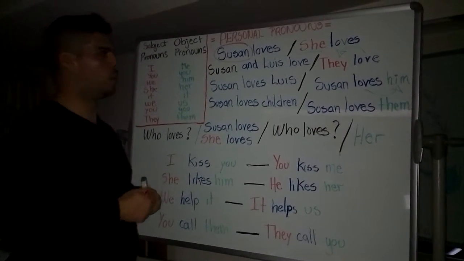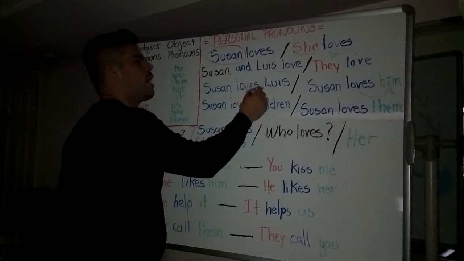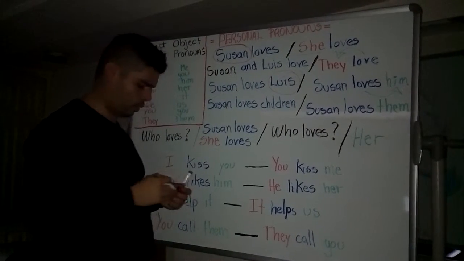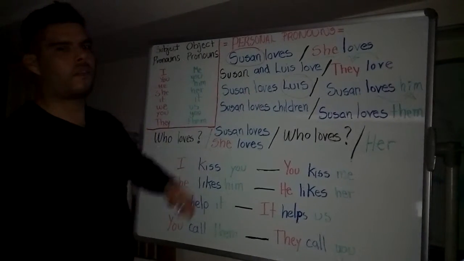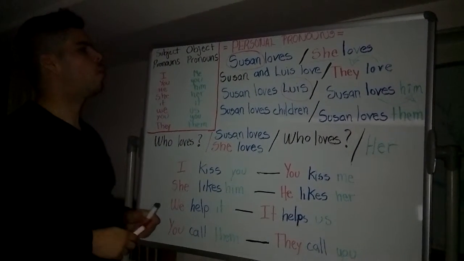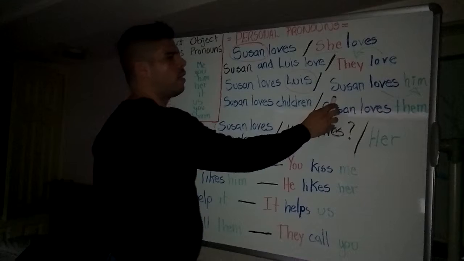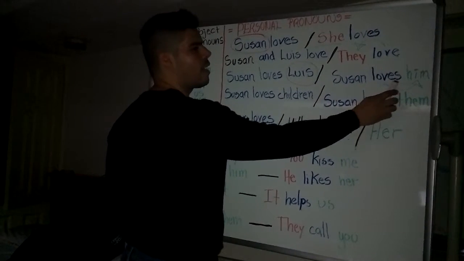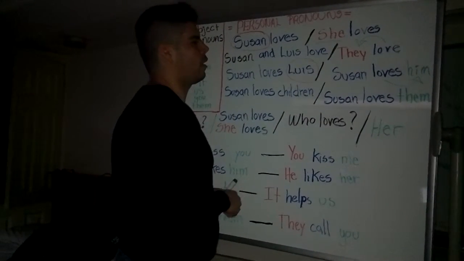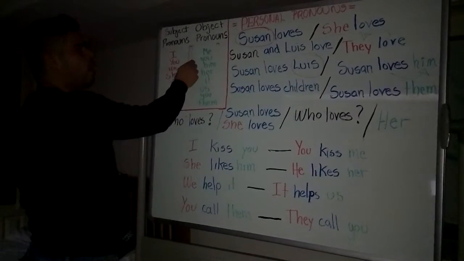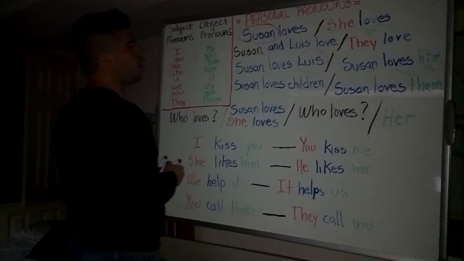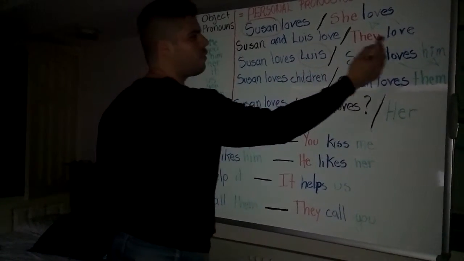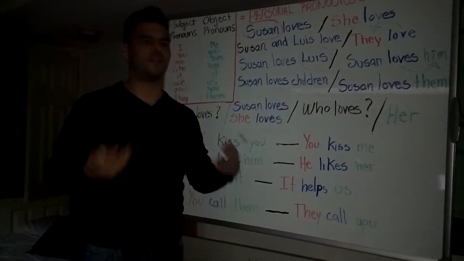We substitute the noun Luis, which is after the verb. Therefore, we've got Susan loves him. We used an object pronoun because it goes after the verb and it's receiving the action.